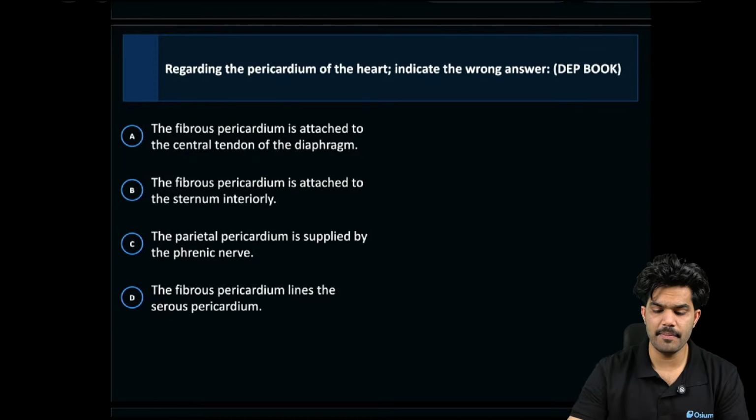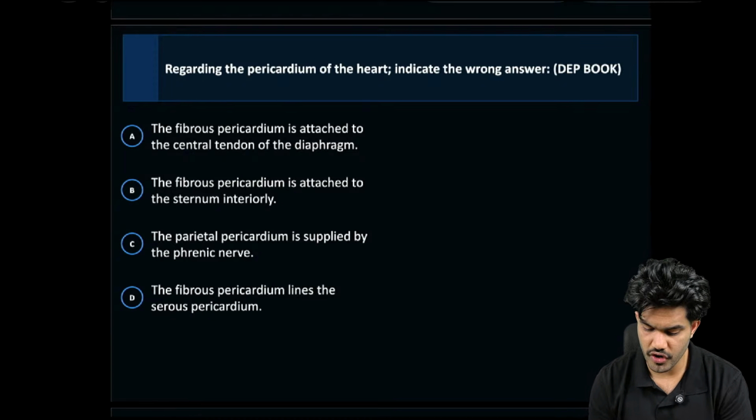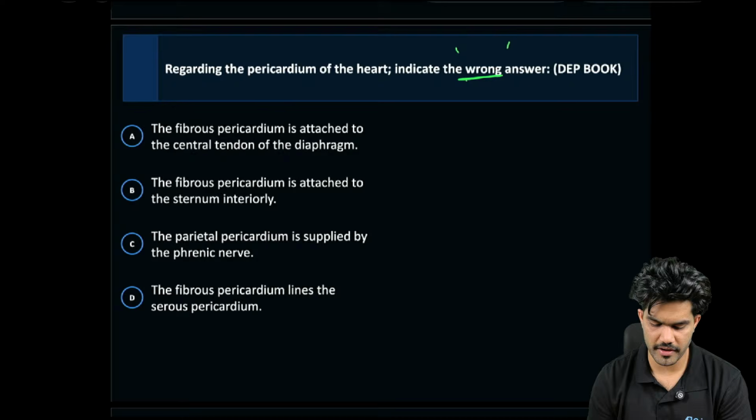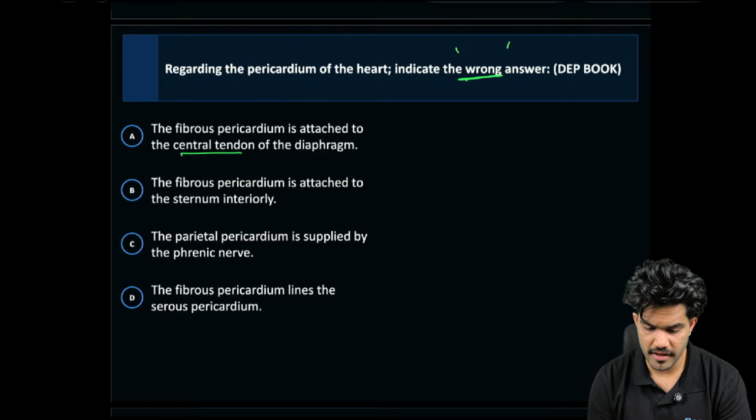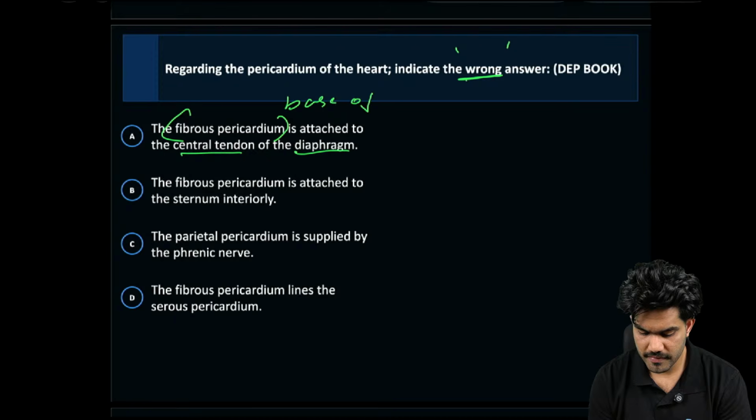Next, regarding the pericardium of the heart, indicate a wrong answer. Again, wrong answer. Fibrous pericardium is attached to the central tendon of the diaphragm. Yes, fibrous pericardium means base of the heart. Yes, it is a true statement.